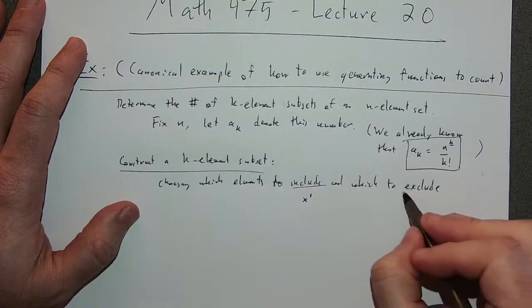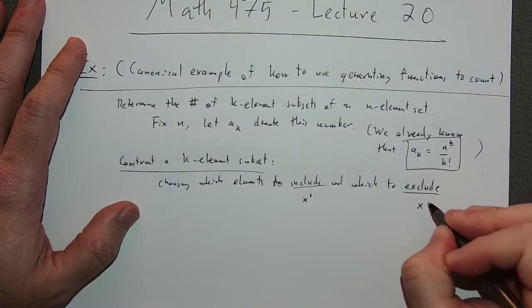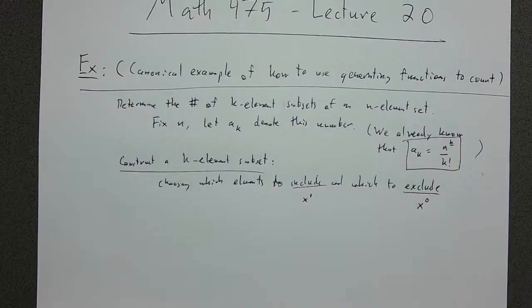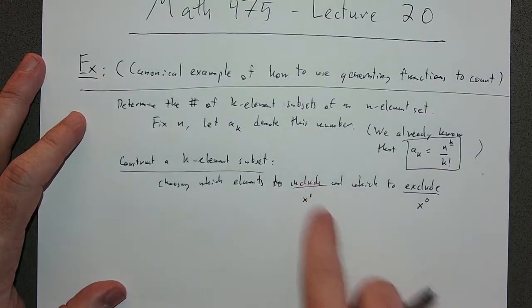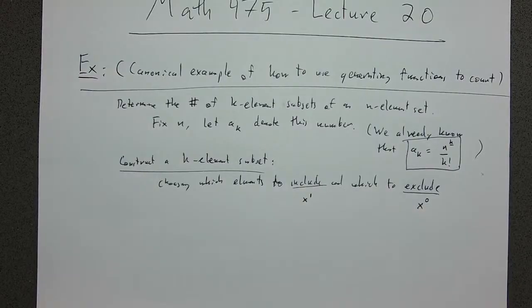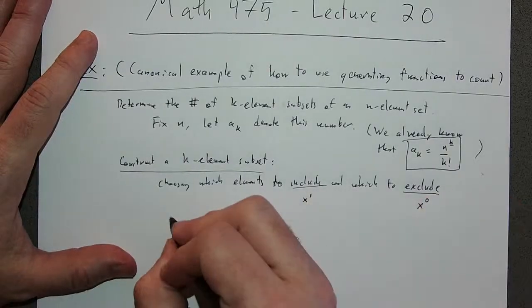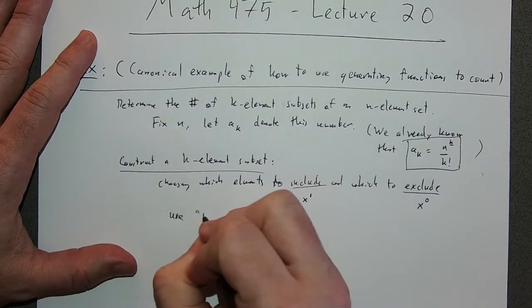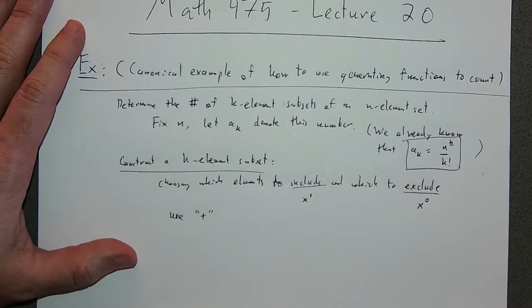And if we're going to exclude an element, we'll denote this by x to the 0. Right, the 1 in the exponent here for include, the 0 for omit or exclude. Seems natural. We'll use the plus symbol to be or.